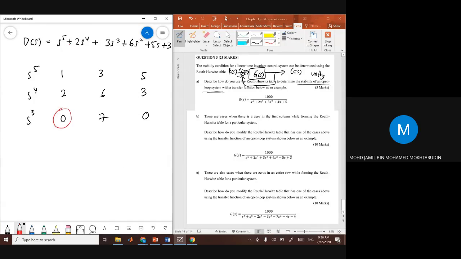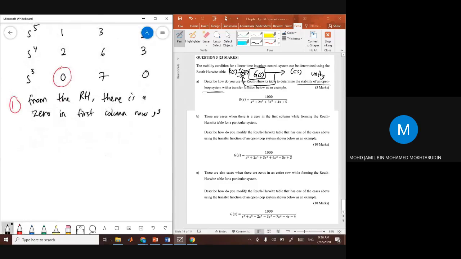From the TF, from the Routh-Hurwitz table, there is a 0 in the first column, row S3. So if you have this, dekat sini ada markah 1. Then there are two methods. You can use the epsilon method or reverse coefficient.